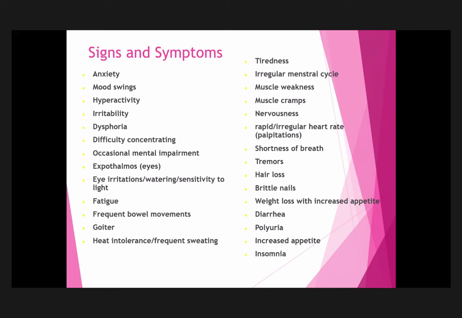They may have diarrhea because thyroid hormones stimulate quick movements of the GIT. They have heat intolerance, and because of high temperature and frequent sweating, they have increased appetite, insomnia, and weight loss, of course.